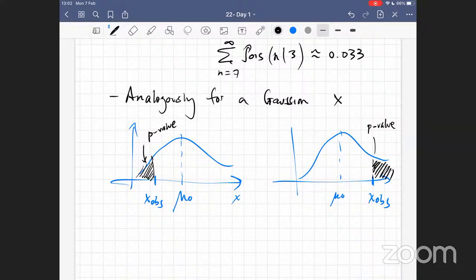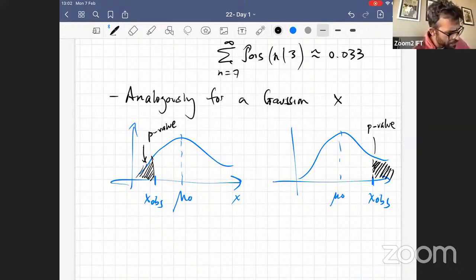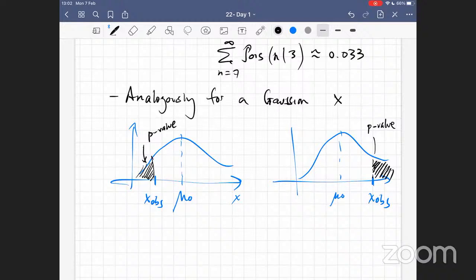Like in the plot on the left, with mu0 in the center, the result is less compatible if I move to the left of x observed, but it would also be less compatible if I took all the area on the extreme right of the plot, where x is near infinity, or this region symmetrically.